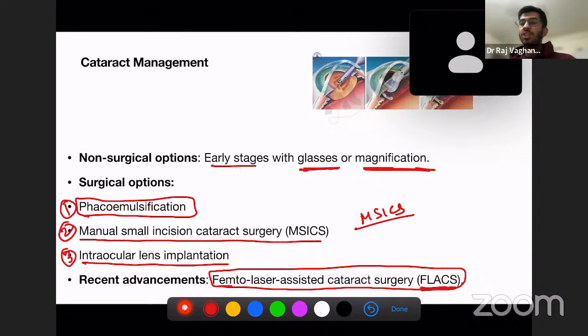In phacoemulsification you implant an IOL, and in MSICS also you implant an IOL. These are the surgical options for cataract, and you should know the recent advancement and the full form of FLACS, femto laser assisted cataract surgery, or manual small incision cataract surgery, which is MSICS.